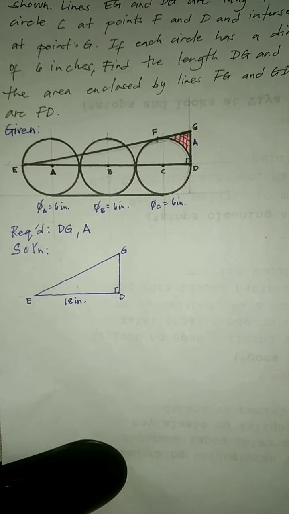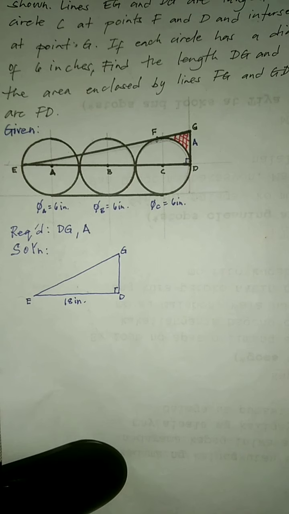Notice that apart from the 18 inch length of ED and the fact that angle D is 90 degrees, we could not find any more measurements that will enable us to solve for DG in this figure.